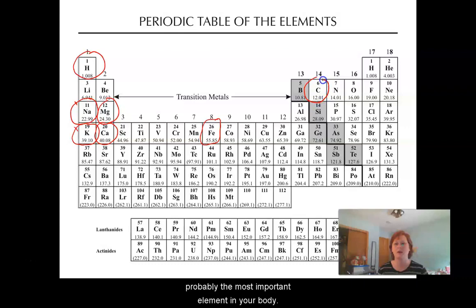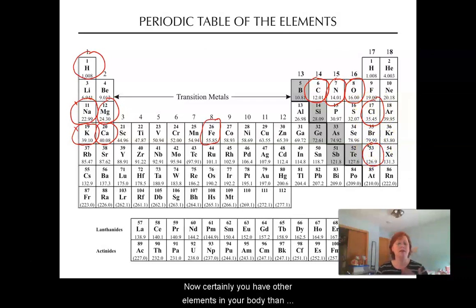Carbon, probably the most important element in your body. We mentioned nitrogen and oxygen. Chloride. And I'll mention, let's see, one more down here, iodine.